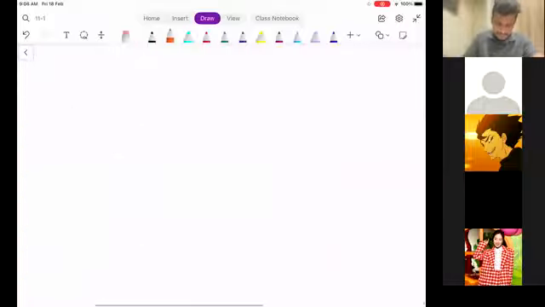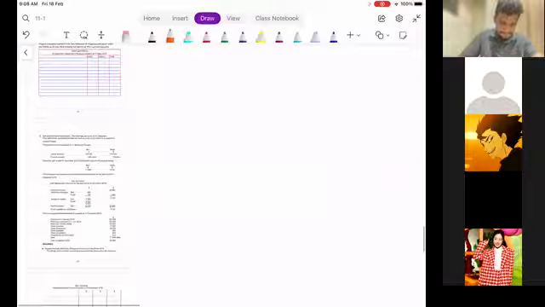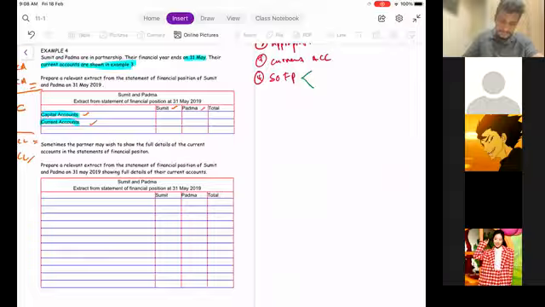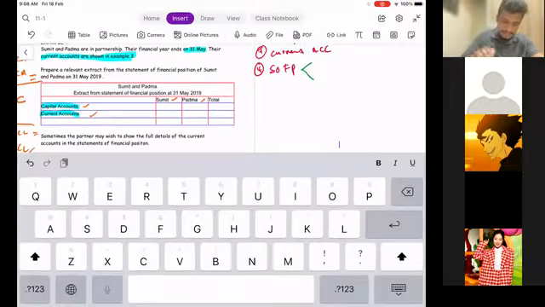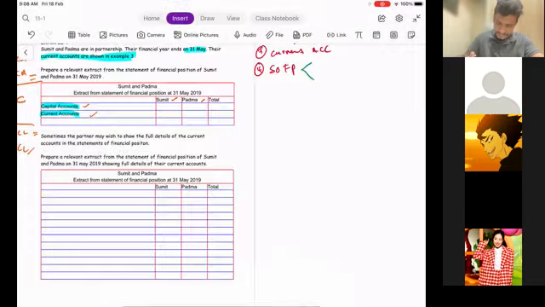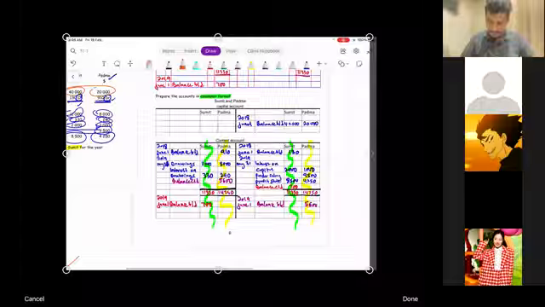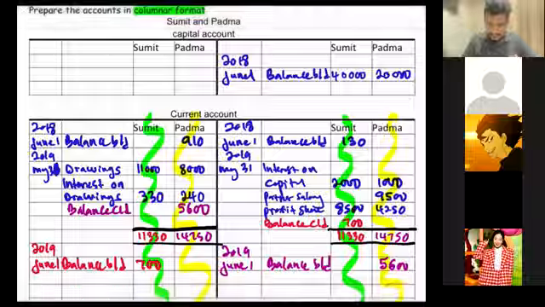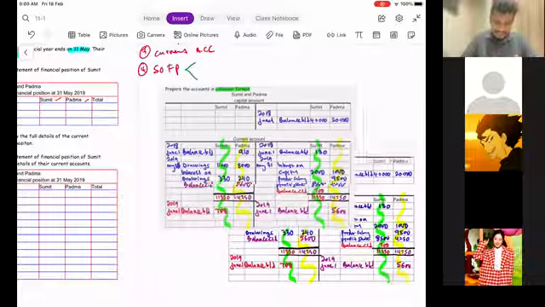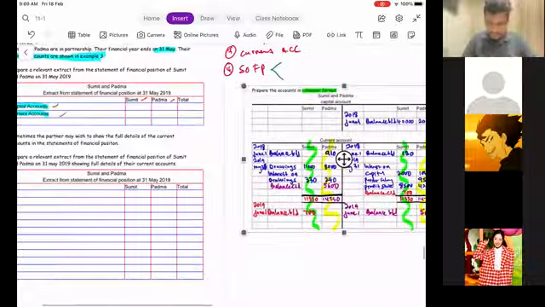What I'm going to do is paste example number 3 here. Example number 3, I take from page number 6. We'll take the information from this to do the current account.